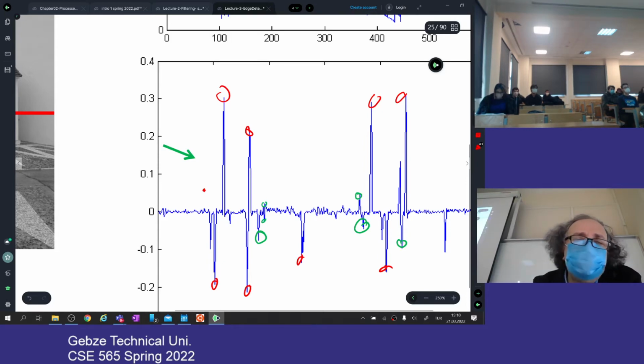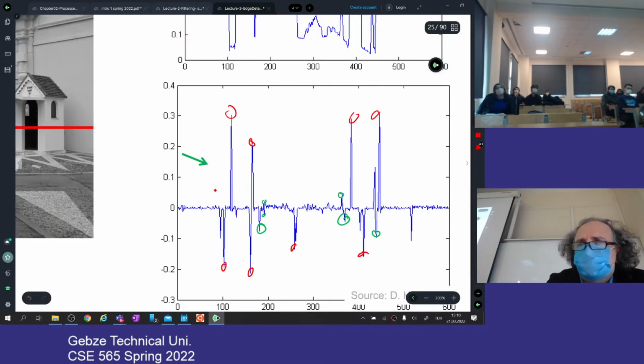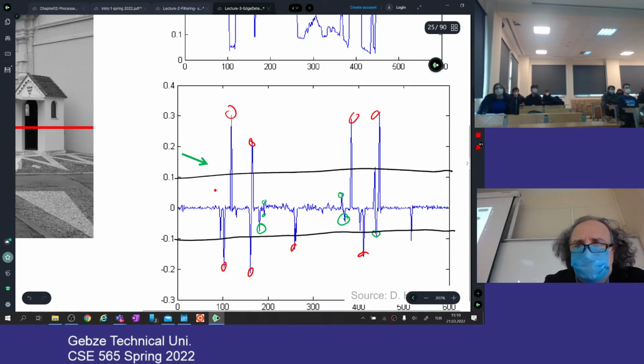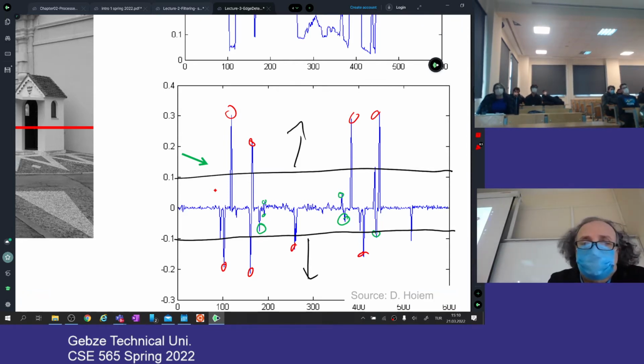So if you take the derivative and second derivative and make it zero and that kind of stuff, sometimes we will have to be careful. Maybe we should say something like: anything between minus 0.1 and plus 0.1 will be regarded as an edge. We call this a threshold.